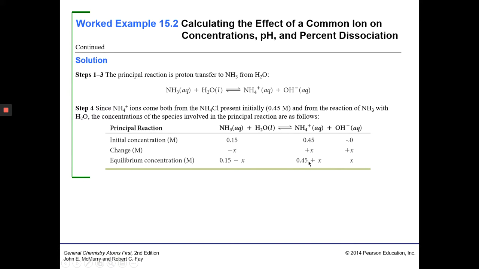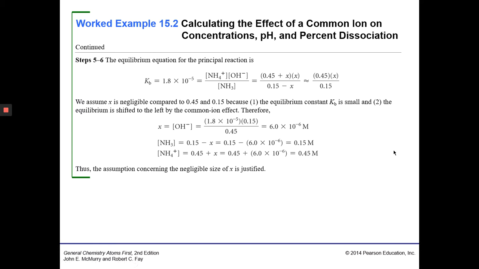So we would substitute in, rather than X, 0.45 plus X, times X over 0.15 minus X.